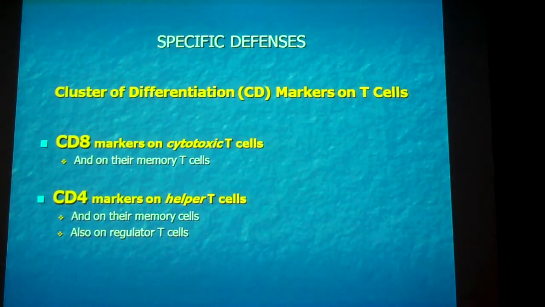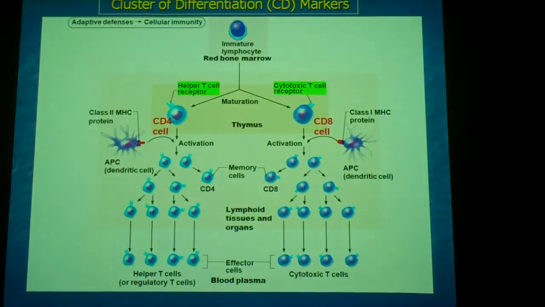These markers on cells. There are a number of different kinds of markers, CD markers, but two prominent ones are CD8 and CD4. All of the cytotoxic cells have a CD8 marker. All the helper T cells have a CD4 marker. This is a little marker on the membrane of the cell. So here we have our immature lymphocytes in red bone marrow.